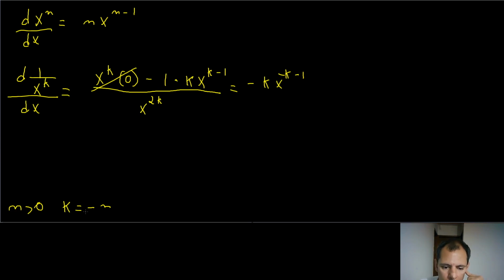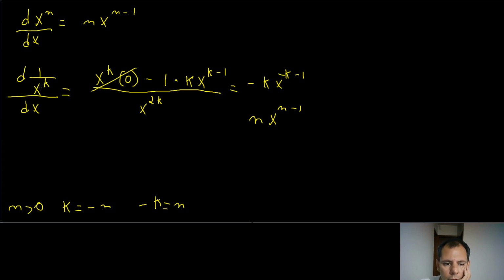But we got to remember that k equals minus n. That means that minus k equals n. So what do we have here? Minus k, we're going to substitute that for n. X to the minus k minus 1, we're going to substitute that for x to the n minus 1. Look at that.